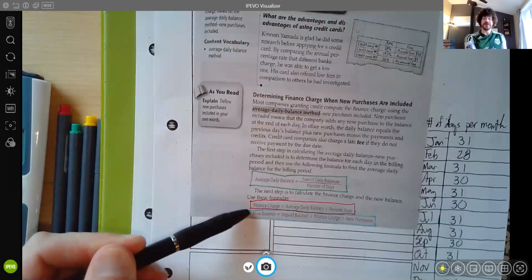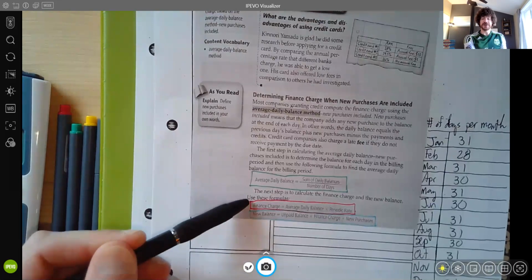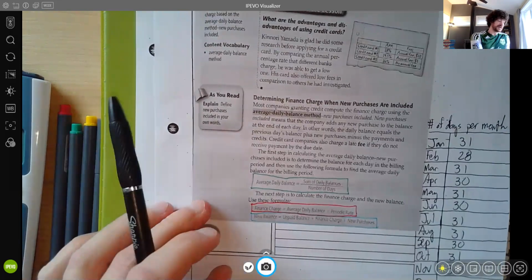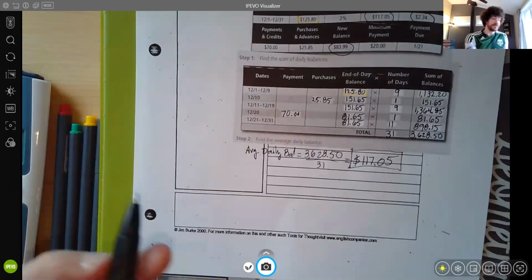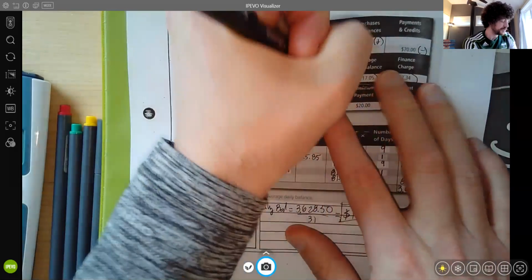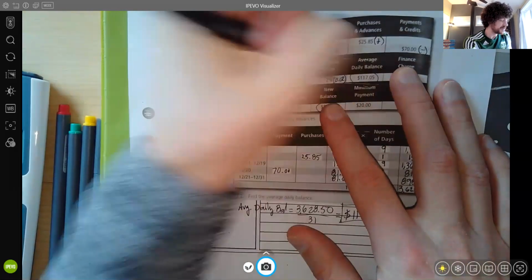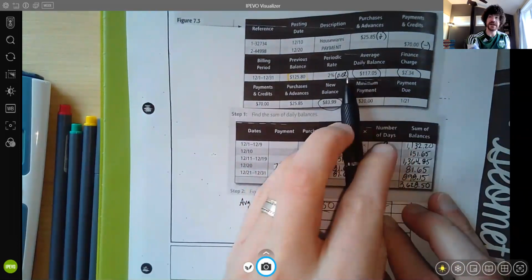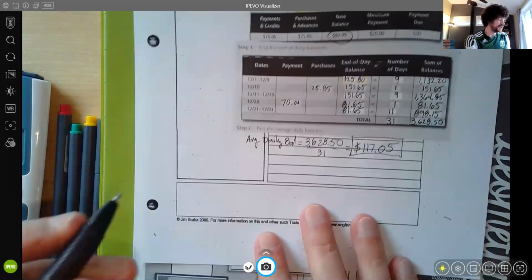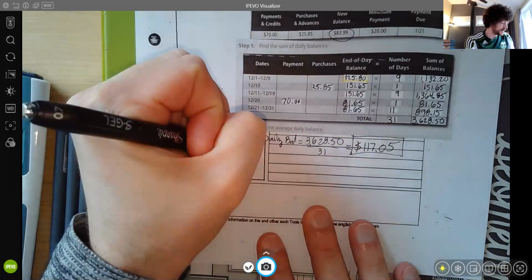Now, these other two things we've already been doing. We did these in 7.2. So the finance charge equals the average daily balance multiplied by the periodic rate. We have the average daily balance, 117.05. The periodic rate is 2% or 0.02. So we're just going to multiply these two numbers together to get the finance charge, which should be $2.34.